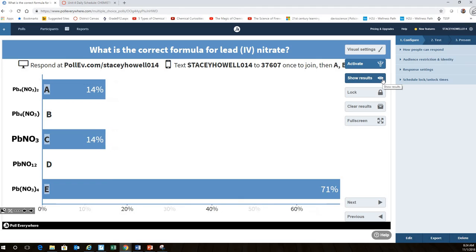So lead IV nitrate. It looks like most of the class is picking E. Let's look at it.